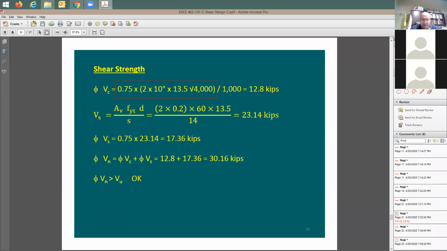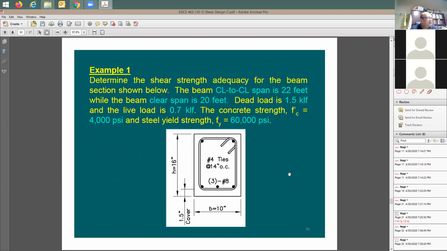All right, great. How is it 13.5? All right, 13.5. Let me go through this. You have 16 inch, subtracting the deductions. It's going to be 1.5 plus number 4 tie, which gives an additional half inch, plus an additional half inch because number 8 has a diameter of 1 inch. So I have 1.5 plus quarter plus half.